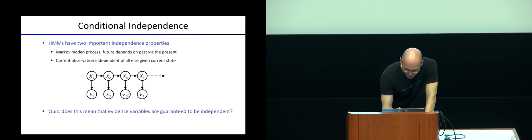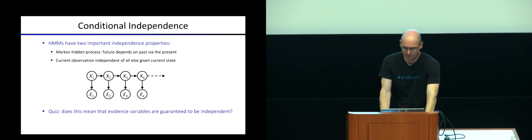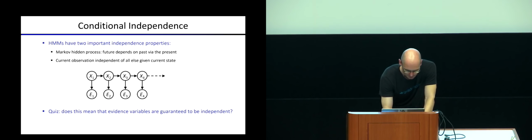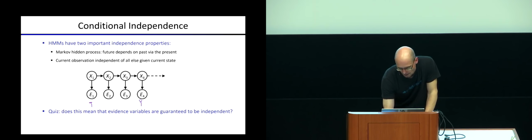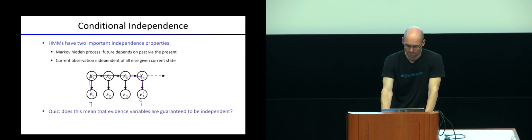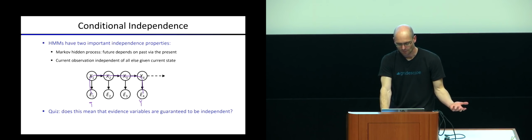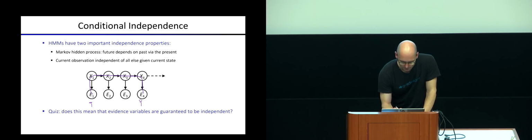So, are these evidence variables guaranteed to be independent? Let's look at some evidence variables, for example, E1 and E4. Are they guaranteed to be independent? Let's see. What paths do we have? This is a path, and it's actually the only path. Is that an active path or an inactive path? Well, let's take a look.